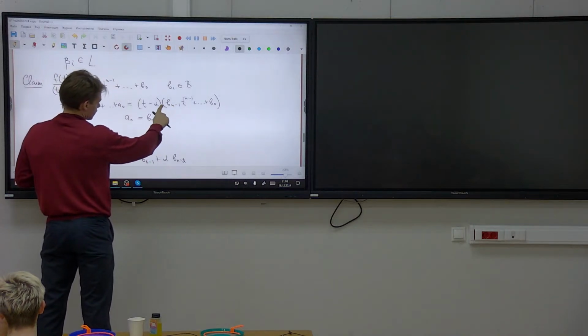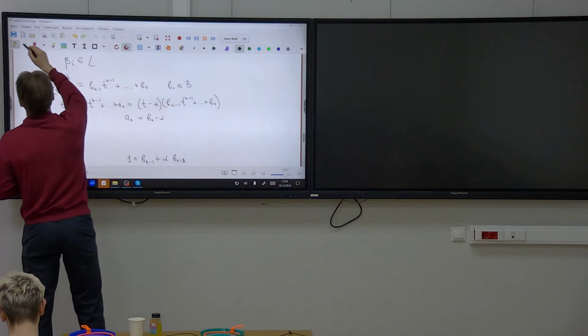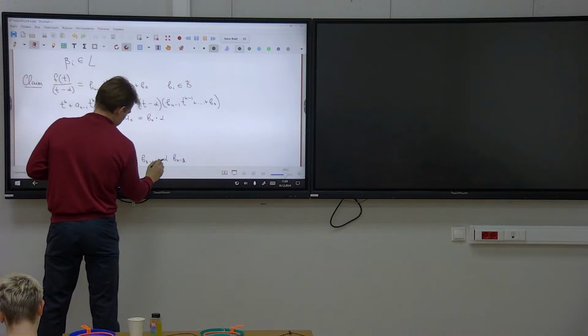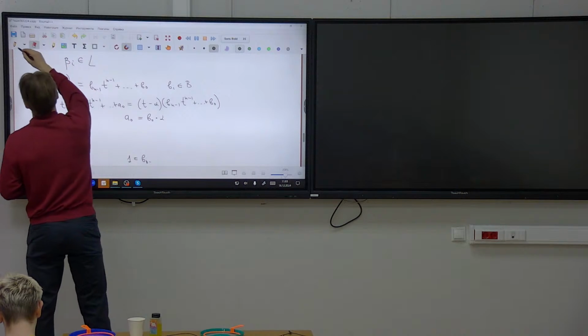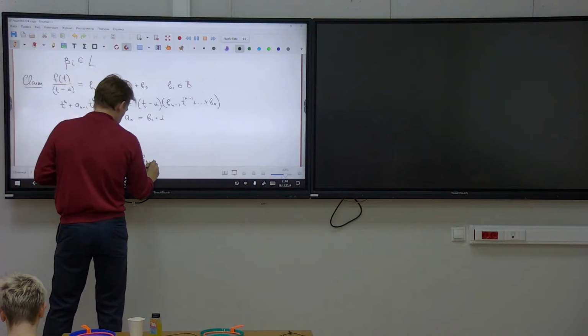Yeah, so the highest coefficient is that, that was my confusion. Yeah, so you see that beta n minus 1 is just 1.